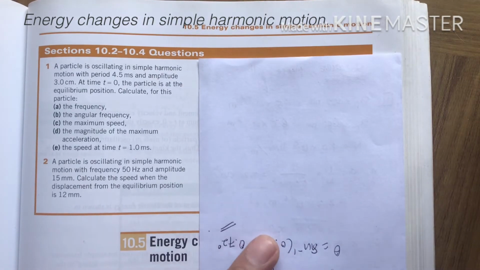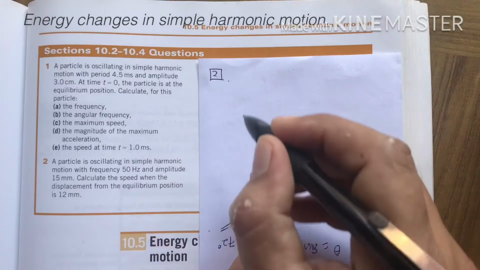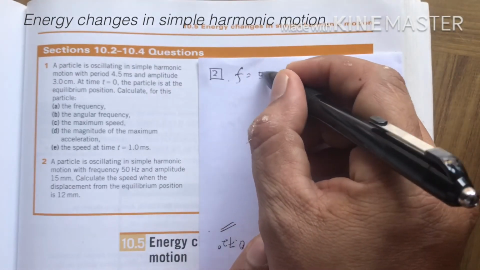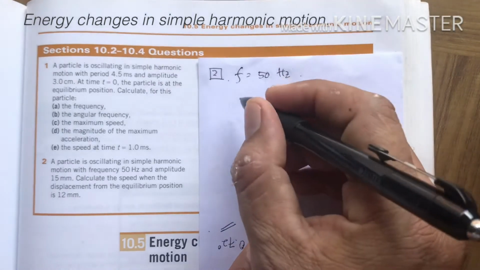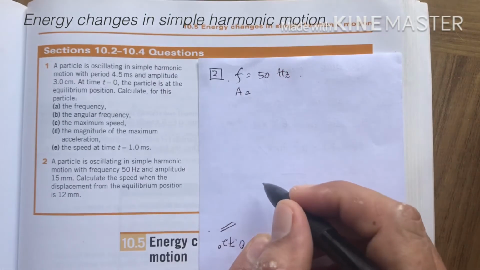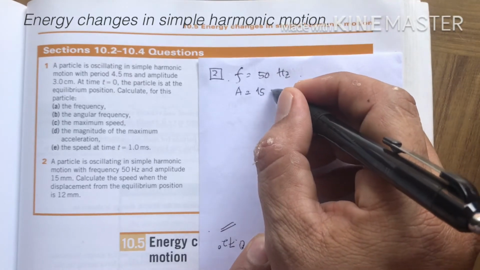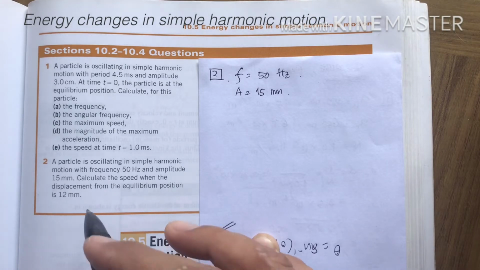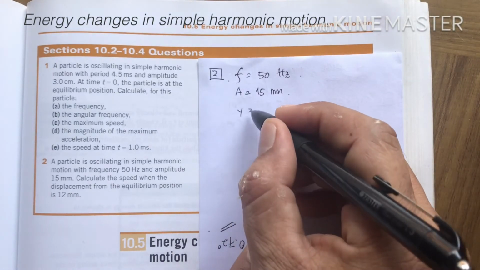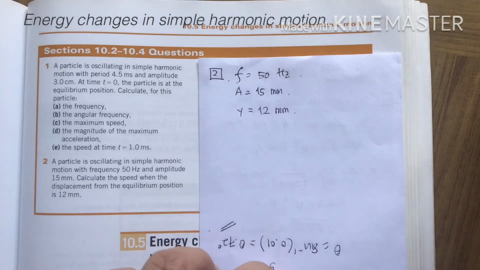For number 2, the first is frequency, 50 Hz, and amplitude, 15 millimeter, and we have y as 12 millimeter.